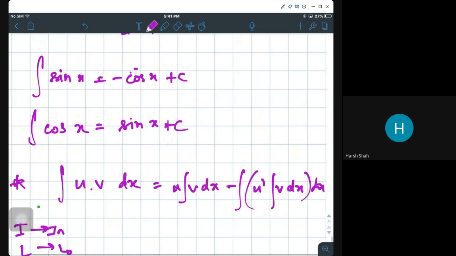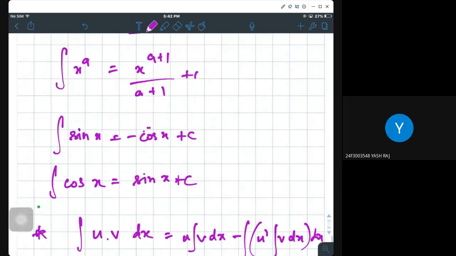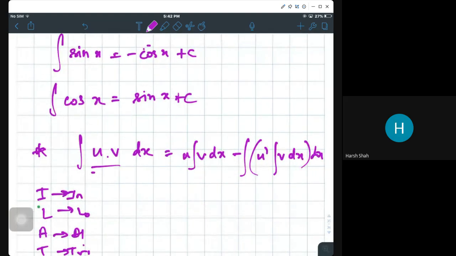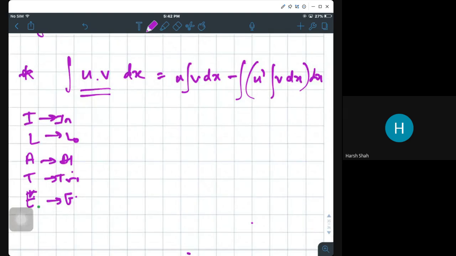This is what you need to learn in integration. Once again, that's the product rule. u and v are two functions. Out of these two functions, you need to identify them. Let's say one function is algebraic, one function is exponential. So your v becomes the exponential and u becomes the algebraic.